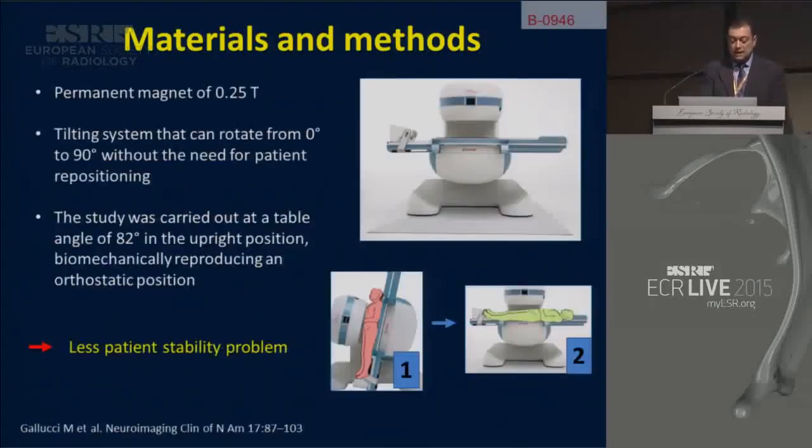We utilized a permanent magnet of 0.35 Tesla with a tilting system that can rotate from 0 degrees to 90 degrees without the need for patient repositioning. The study was carried out at a table angle of 82 degrees in the upright position, reproducing an orthostatic position.